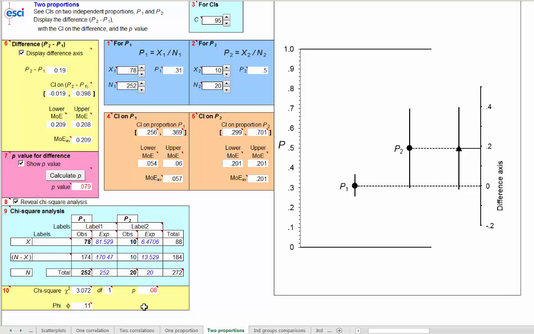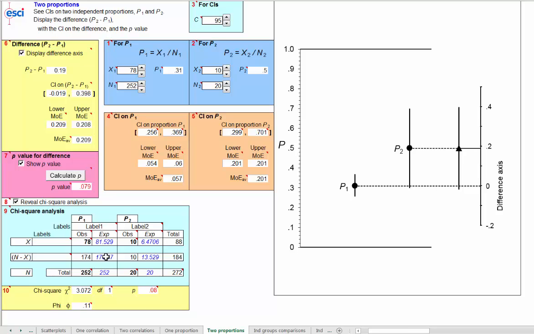And under the null hypothesis, you can calculate the expected frequencies in these four main cells, given that we've got 272 overall participants. The expected frequency in this cell, for example, is 81.5 something, here 6.47, and so on. Then chi-square is a measure of the discrepancy, the amount of departure between our observed frequencies and these expected frequencies expected under the null hypothesis.